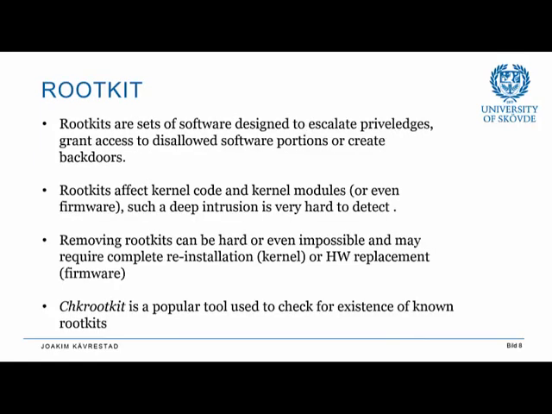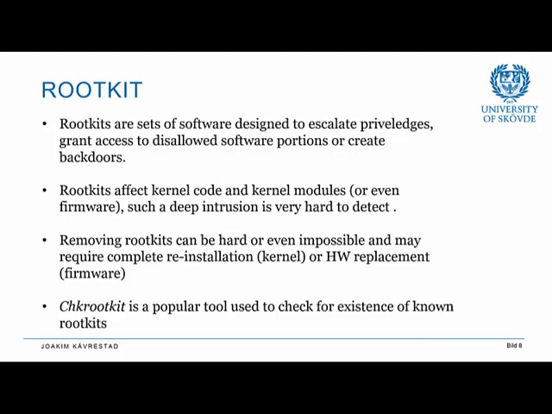Rootkits are one type of malware, a set of software designed to escalate privileges, grant access to disallowed portions, or create backdoors. So essentially, if an attacker wants to have root access to a system, the attacker will try to install a rootkit on the target device.